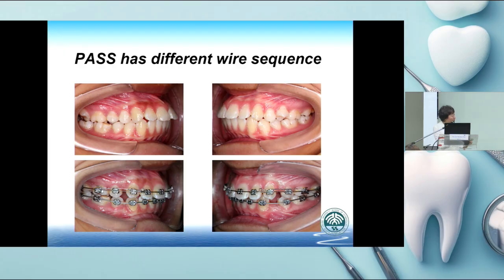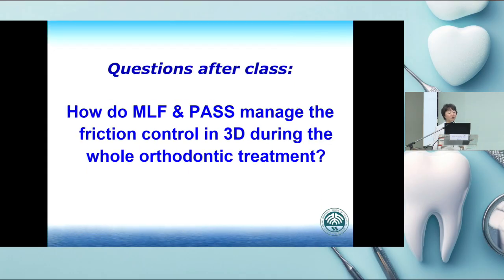Can you see what the shape of the archwire is here? A round archwire. So sometimes we use round archwire to close the space. It's also to adjust the friction and the torque control. Questions after class.